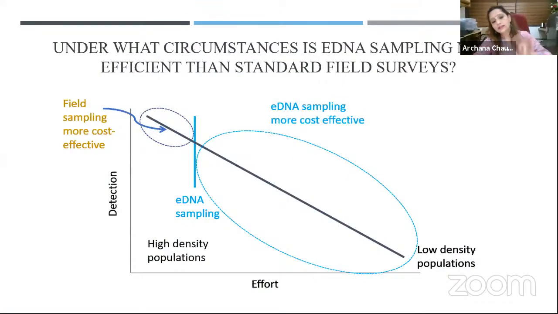This graph gives you an overview of how eDNA, or environmental DNA based sampling, is more cost effective whenever a species density is low, and how the effort for this kind of study is comparatively less than that of the physical or conventional studies.